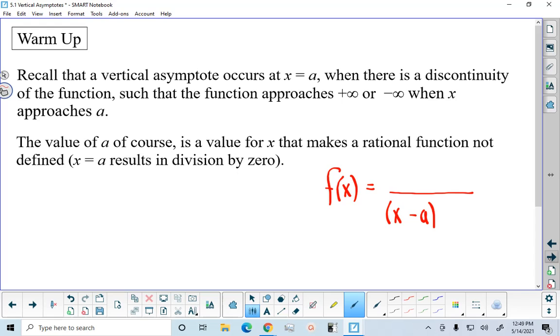We're really not concerned about holes or points of discontinuity, but if there were an x minus a in the numerator that canceled with the x minus a in the denominator, then the bottom line is there would not be a vertical asymptote.